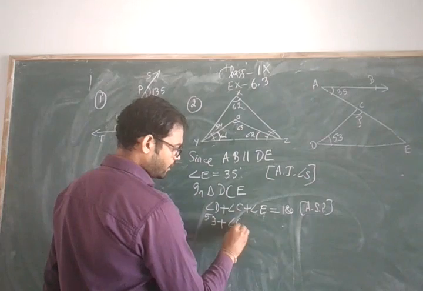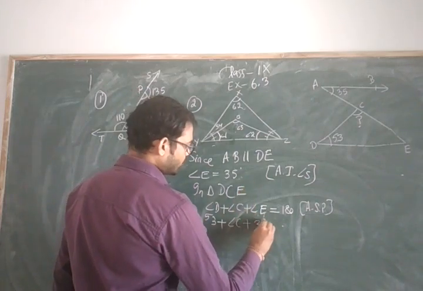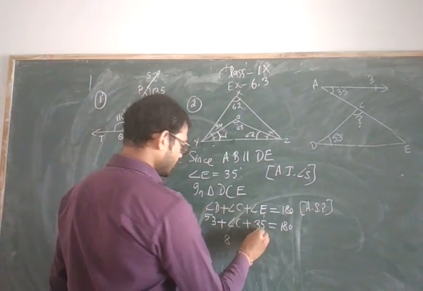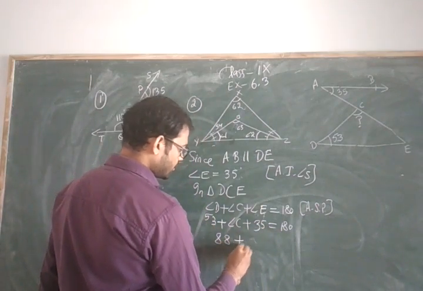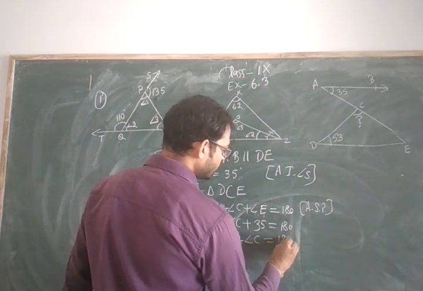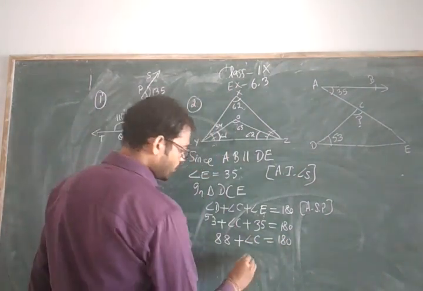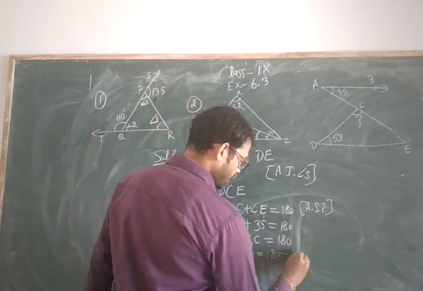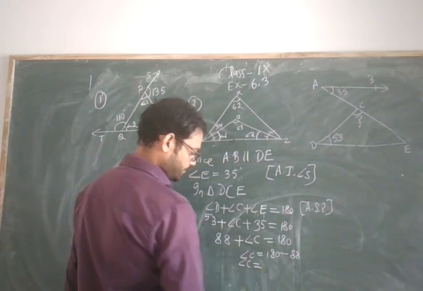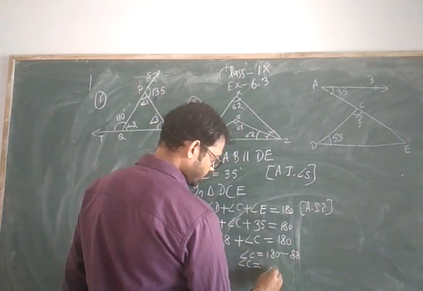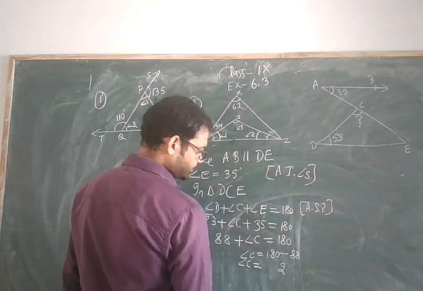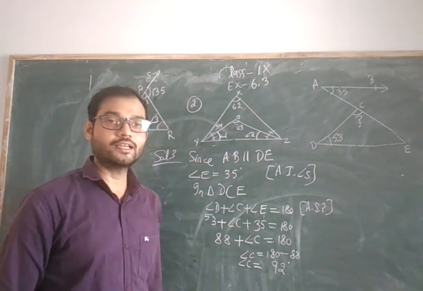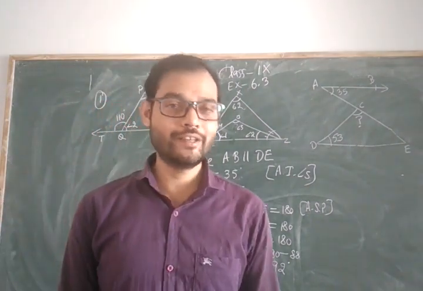Angle C हमें फाइंड आउट करना है और angle E आपको पता है 35. So 53 plus 35 becomes 88, plus angle C is equal to 180 degree. So angle C is equal to 180 minus 88. So the angle is 92 degree.